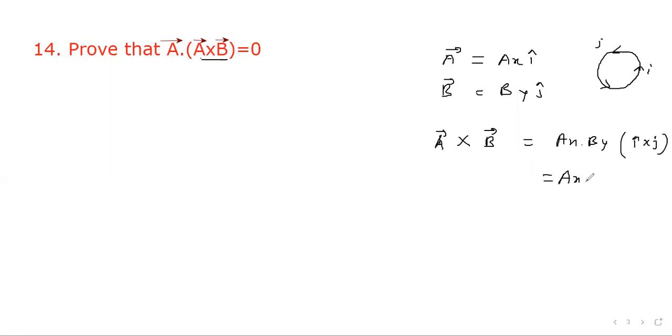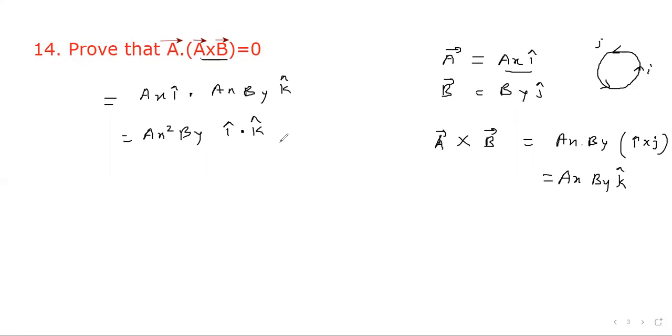So we have got Ax By times k. And we can write that value here: A as Ax i cap dot Ax By k cap. So Ax square By, then i cap dot k cap.